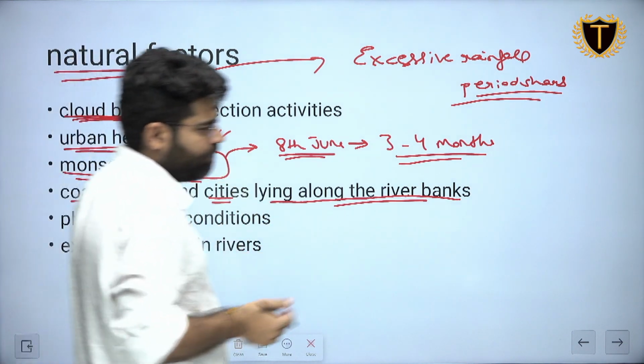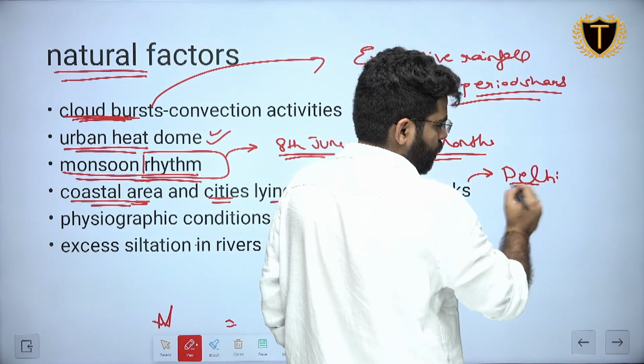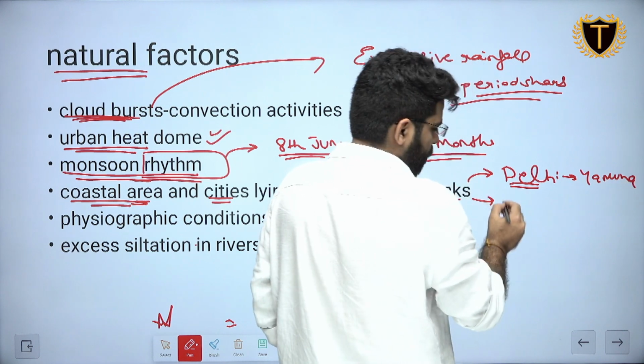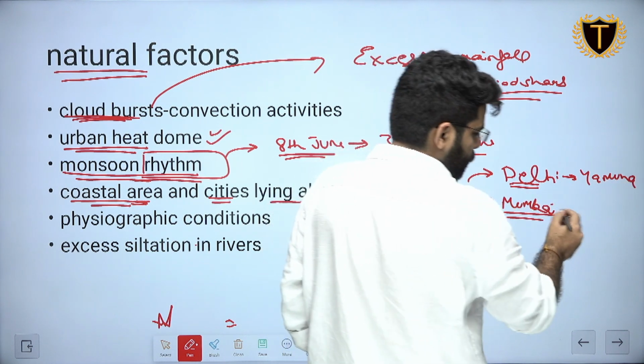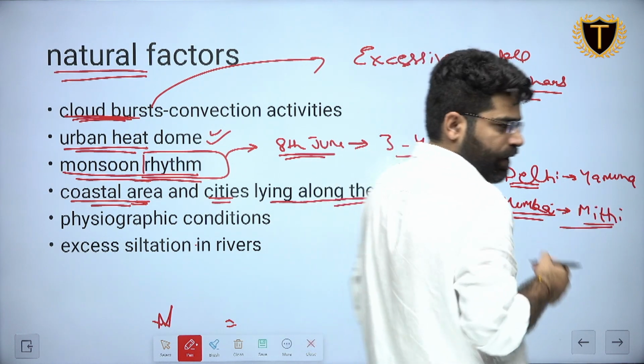Clear? Like we have seen Delhi floods which have been recently happening on the banks of Yamuna. Similarly, we have Mumbai floods which happened way back in 1998. It used to have the Mithi river passing through it.